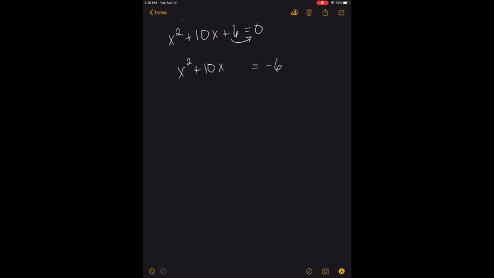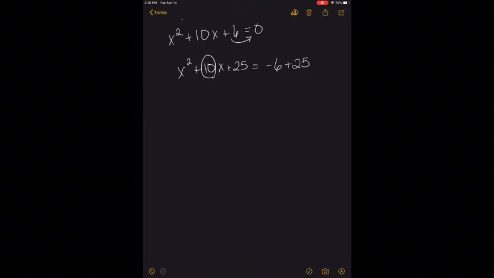So we have x squared plus 10x equals negative 6. Well, our next step is step number 3, divide the coefficient of the x term by 2, square it, and add that to both sides. So we need to add 25 to both sides.